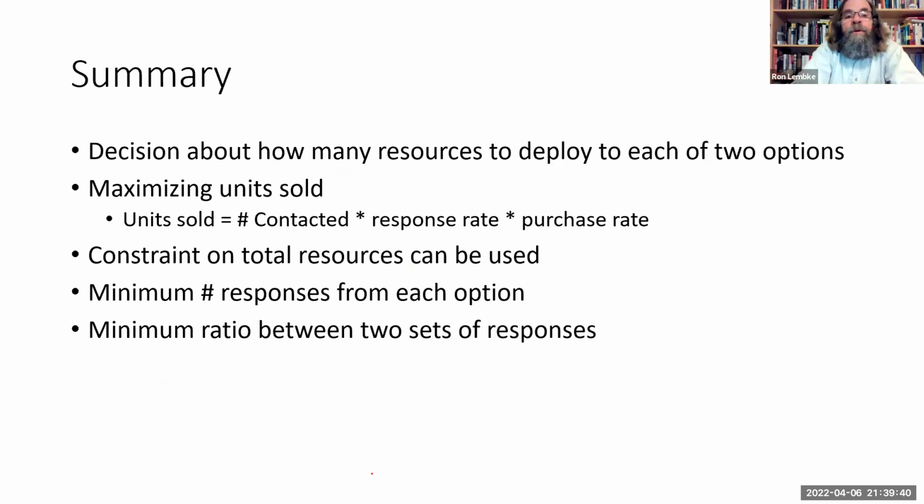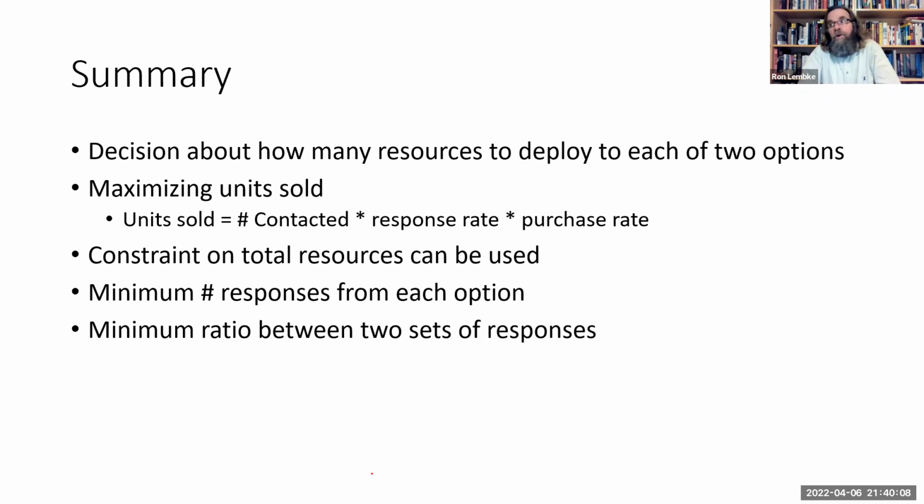So to summarize what we're doing here, we're deciding how many resources to deploy to these two options. We're trying to maximize the number of units sold, and the number of units sold is equal to the number of people who were contacted or given this offer times the response rate times the purchase rate. We had a constraint on the total amount of resources we could spend in this effort.